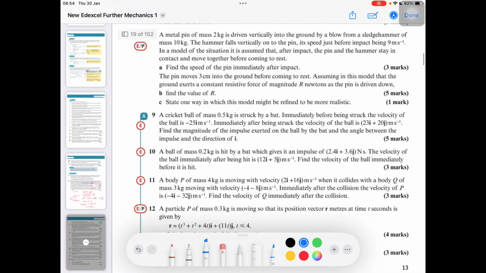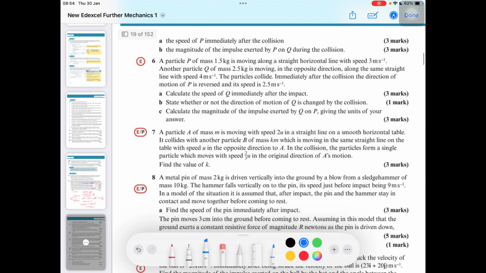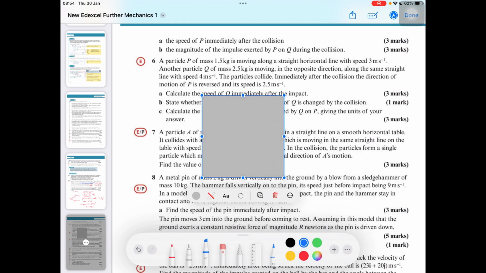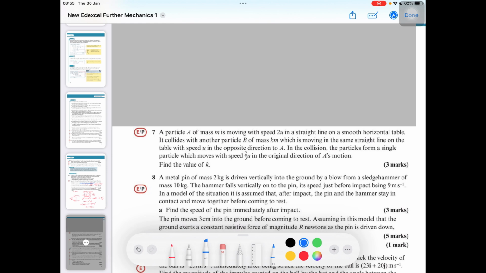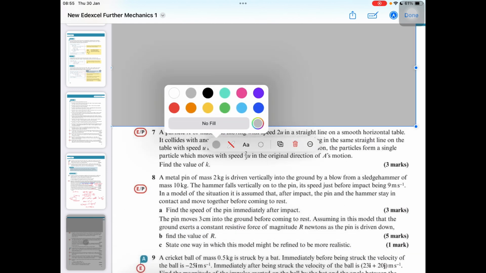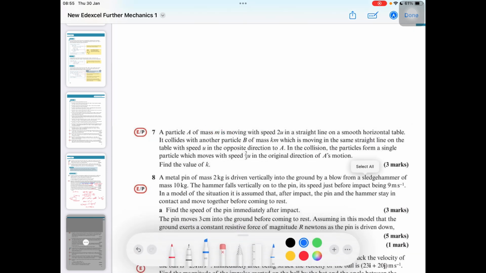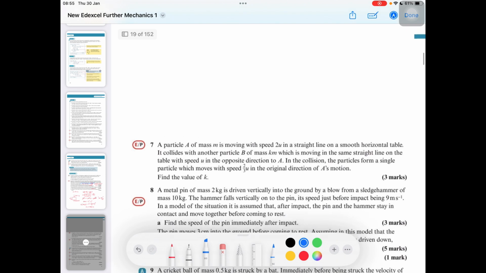So number 7. Particle A of mass m is moving with speed 2u.